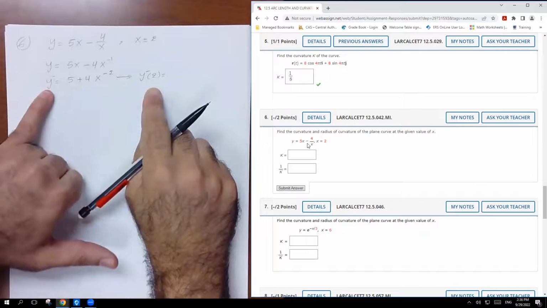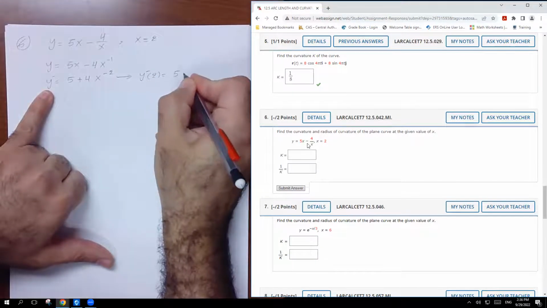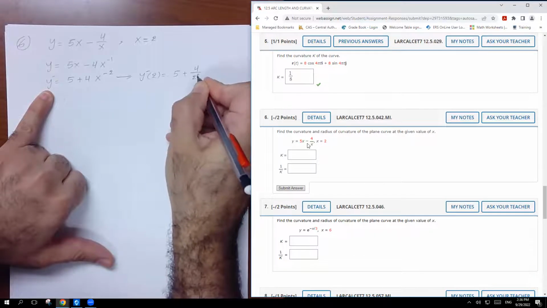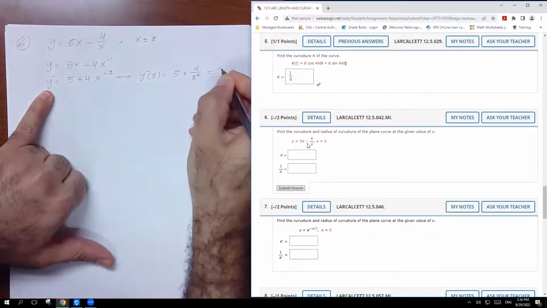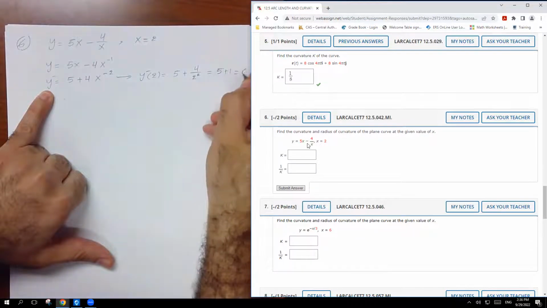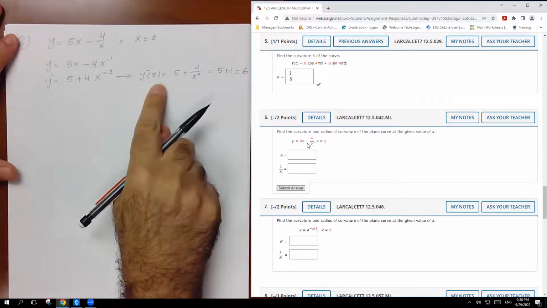Here's y prime, then y prime at this point is going to be 5 plus 4 over 2 squared, which is 5 plus 1, equal to 6. So here is y prime for the point 2.